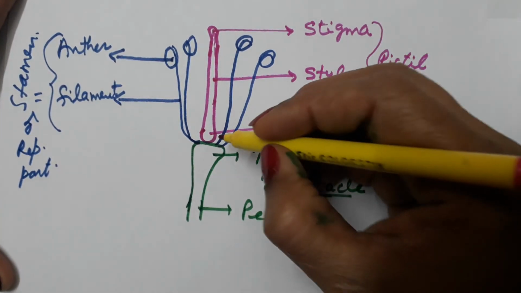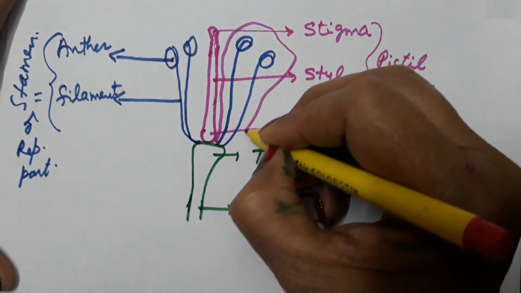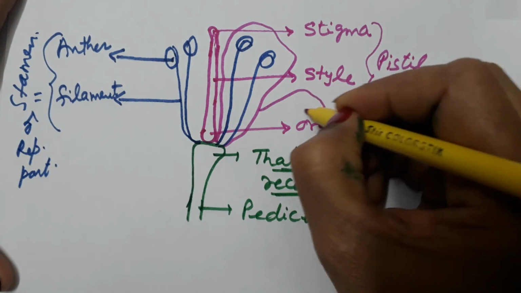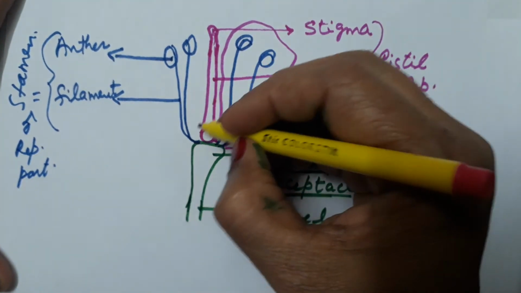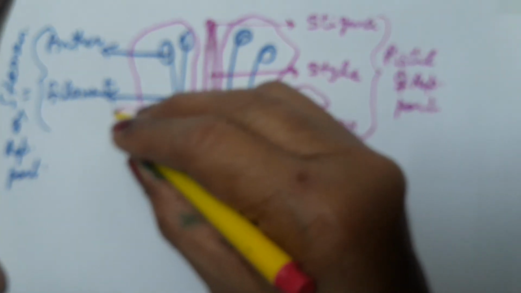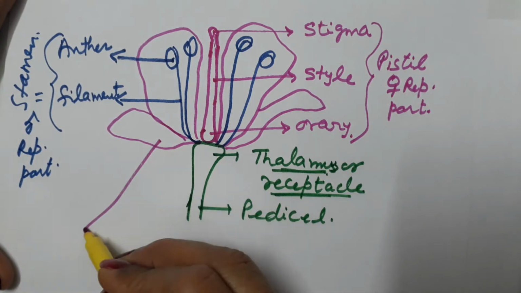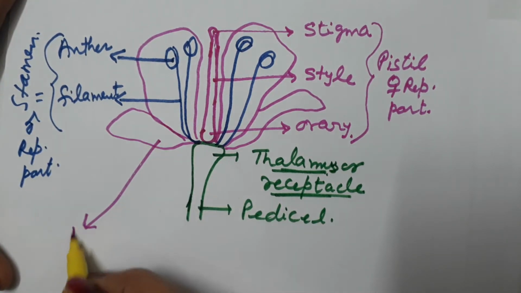Next part of flower, that is colorful part, known as the petals.